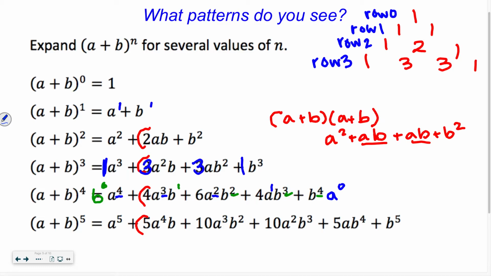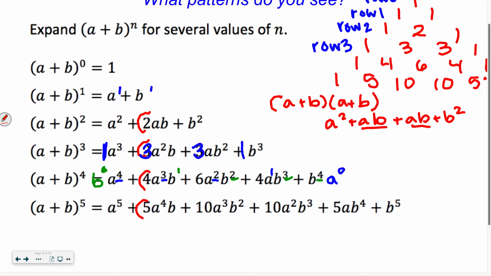To the 5th power, I would want row 5, which is really when you're counting down the 6th row because we start at 0. So I would continue my work here. This is row 4. And then here's row 5. Squeeze that in. Nope, can't do it. There it is. And then look, 1, 5, 10, 10, 5, 1.